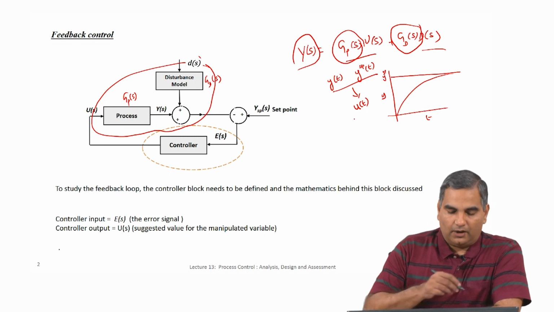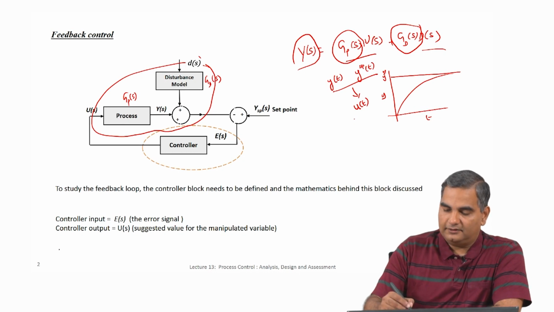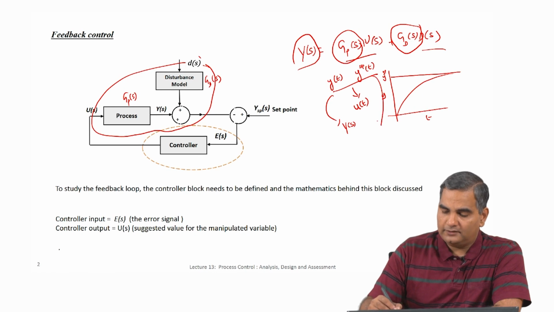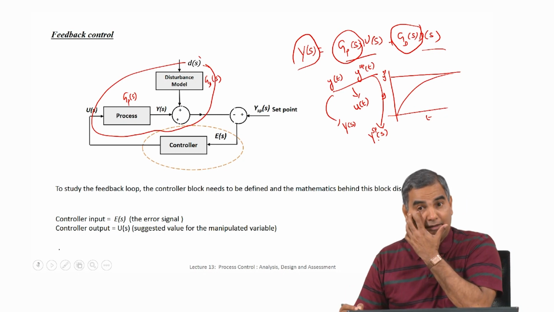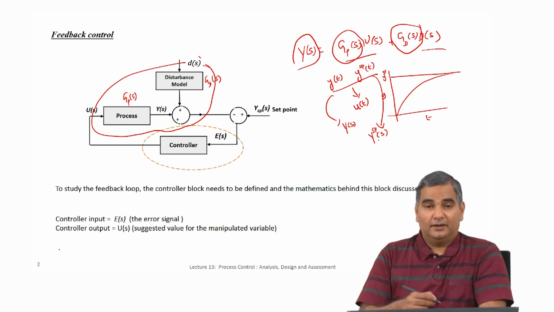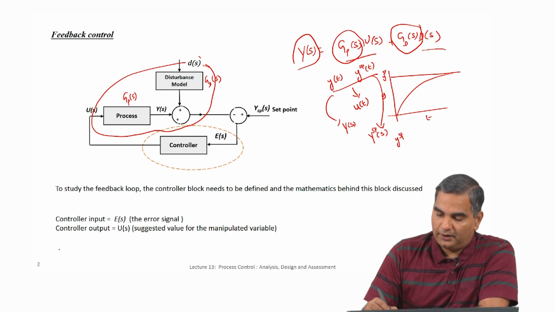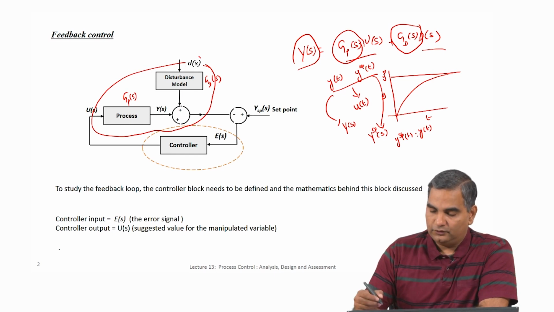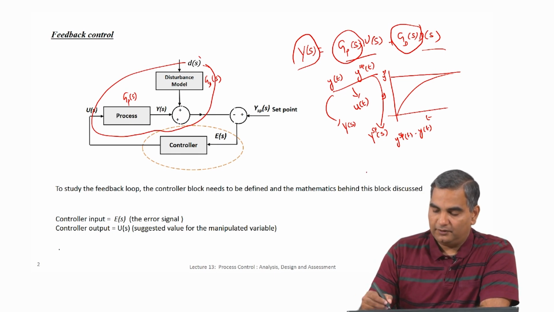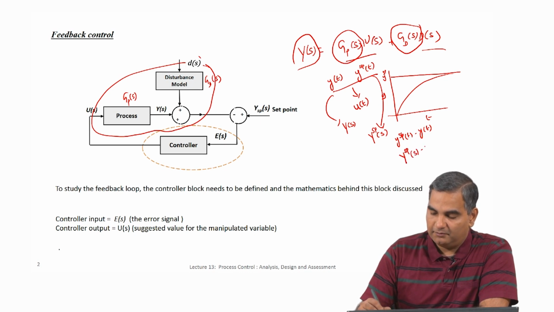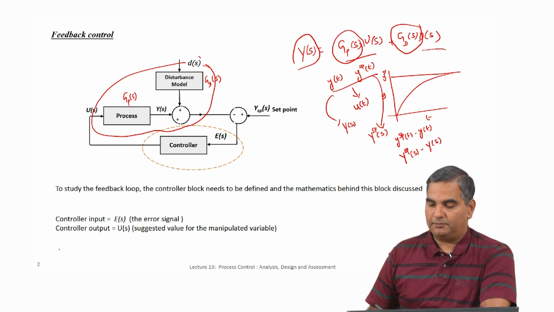If you think about a block diagram for this, since we have made y of t into y of s, then y set point should also be made into the Laplace domain, because you cannot mix and match Laplace and time domain in the same picture. So, everything is in the Laplace domain. Since we compare y set point of t minus y of t in the time domain, using linearity of the Laplace transform, that is equivalent to comparing capital Y set point of s minus capital Y of s, the Laplace variables.